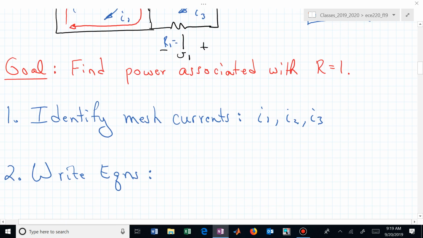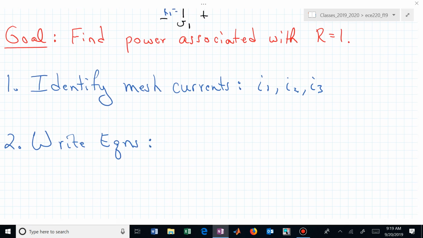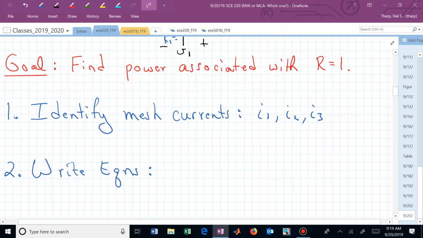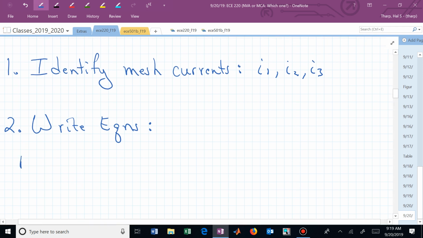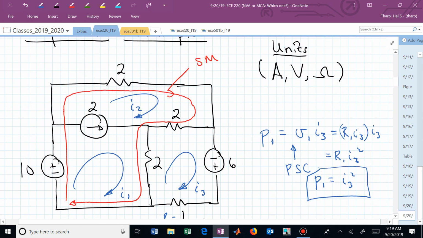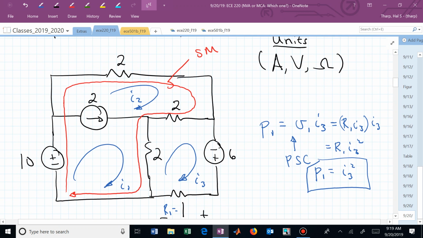We now want to write the KVL equation for that super mesh. So let me just say KVL with the super mesh. That's now minus 10.